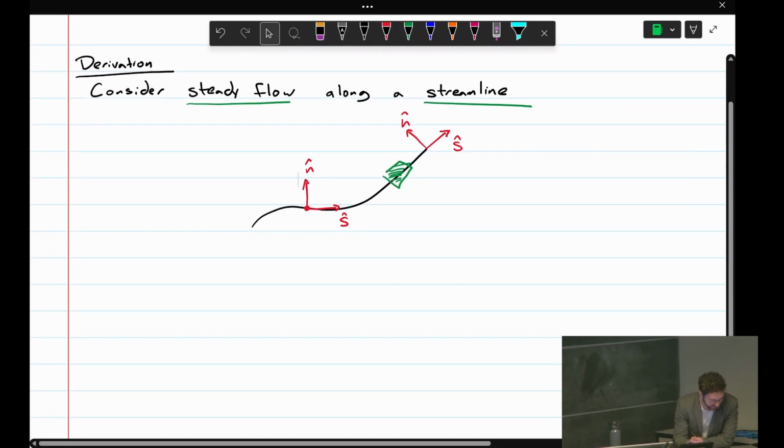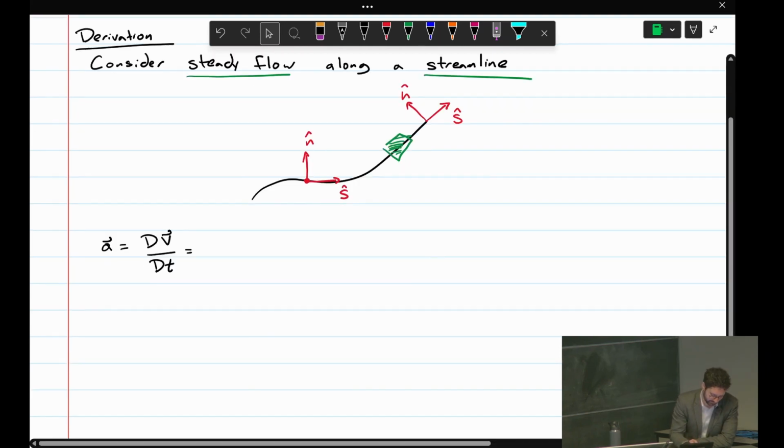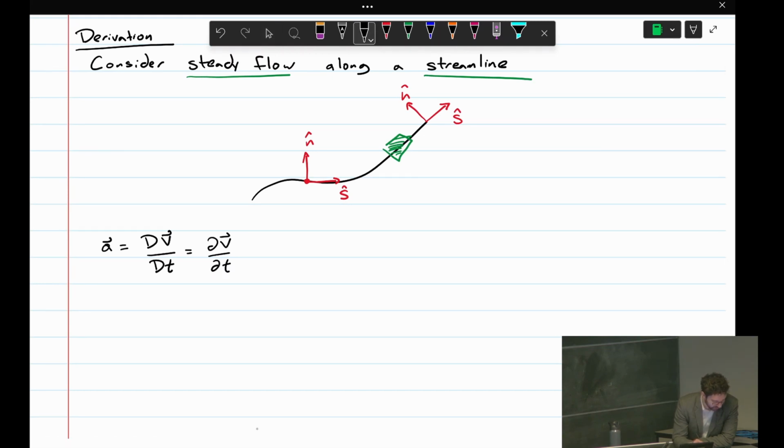Let's compute the material derivative, the acceleration of this fluid parcel as it moves along the streamline. So acceleration is dv by dt. We looked at that in the previous module. So the first term of our material derivative is partial v by partial t.